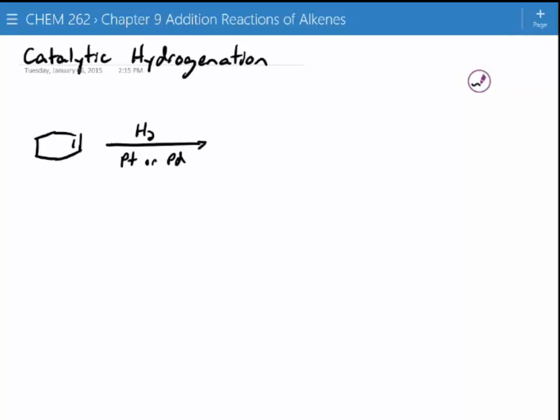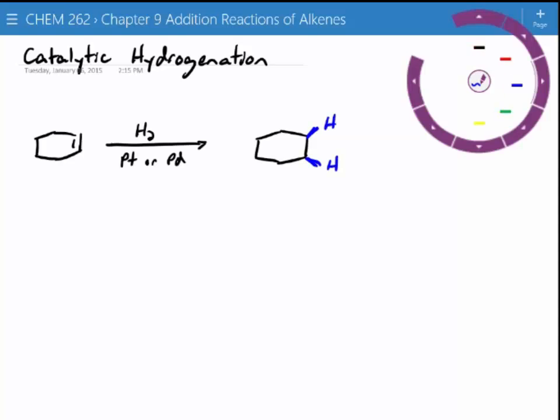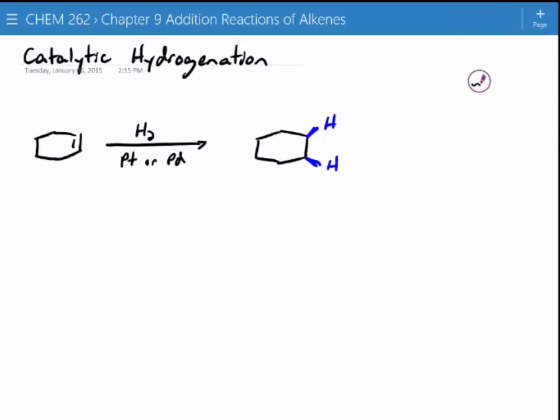And if you run this reaction using platinum or palladium as your catalyst, you can add hydrogens across a double bond. And again, these hydrogens will add syn. So in this case, we're going to note that we get a syn addition of hydrogen.